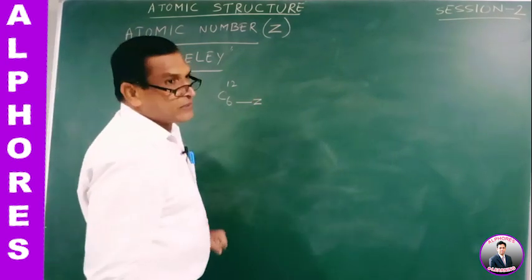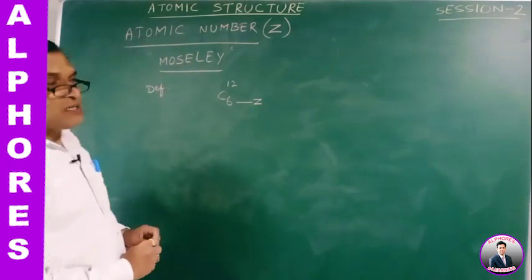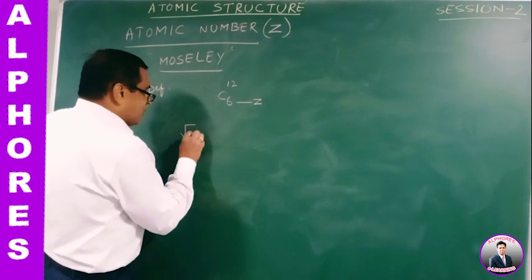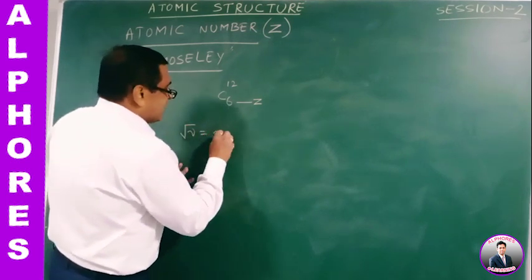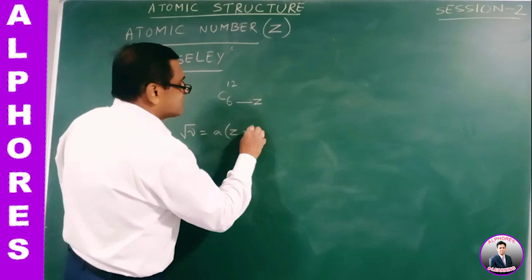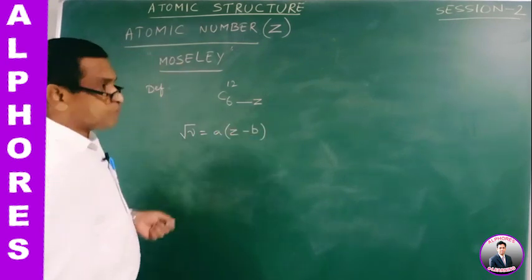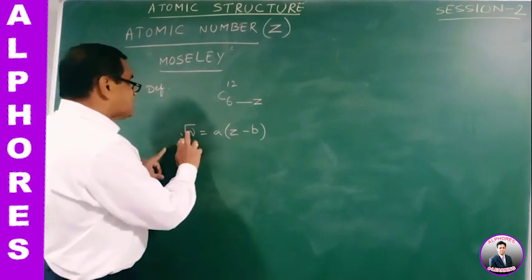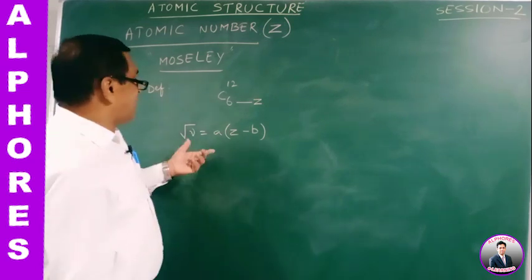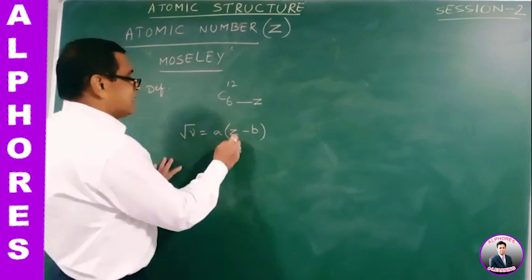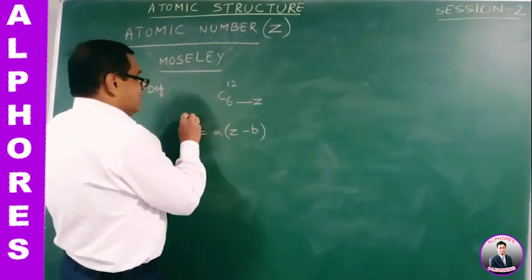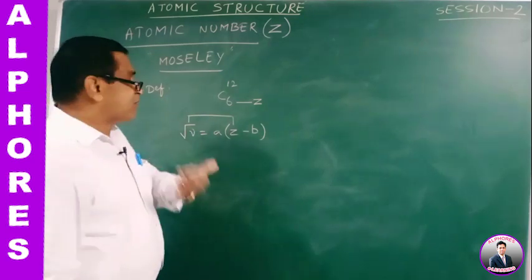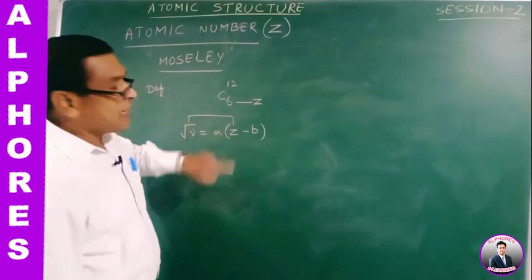And Moseley also obtained a relation: root nu equals A into Z minus B. This signifies the relation between the frequency of the X-rays emitted from an element and the atomic number of the element.